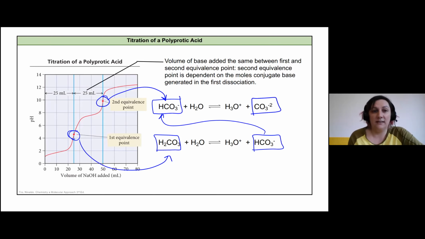That is the acid-base reaction that's happening at the second equivalence point. And so if you see multiple of these jumps or plateaus in a titration curve, it just means that you have that many acidic protons that were lost in the acid-base reaction, or that tells you what kind of polyprotic acid it really is.